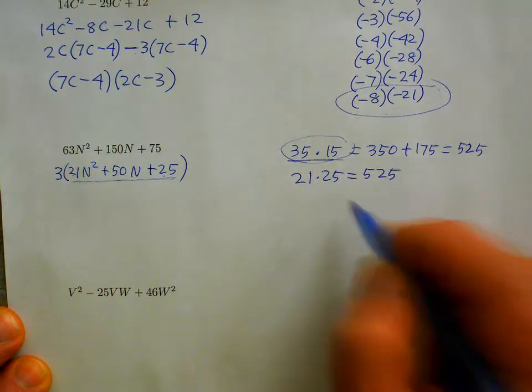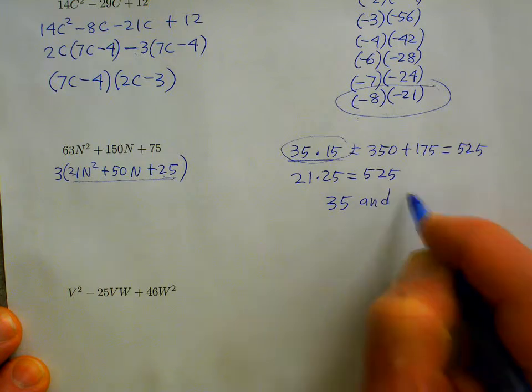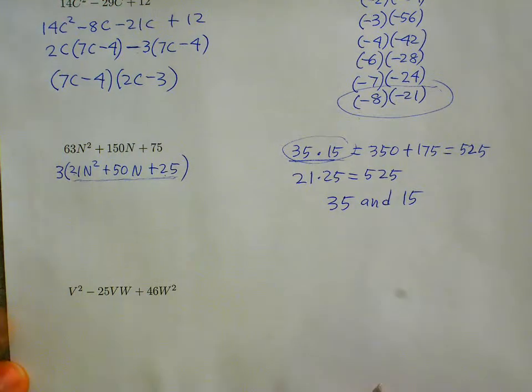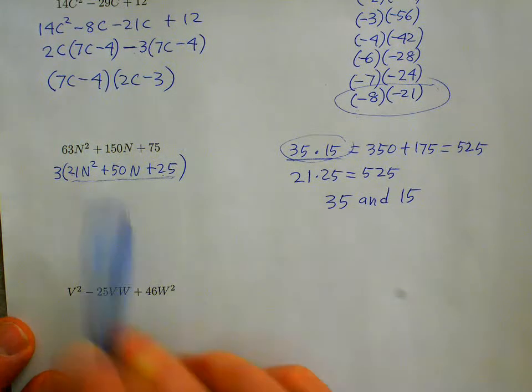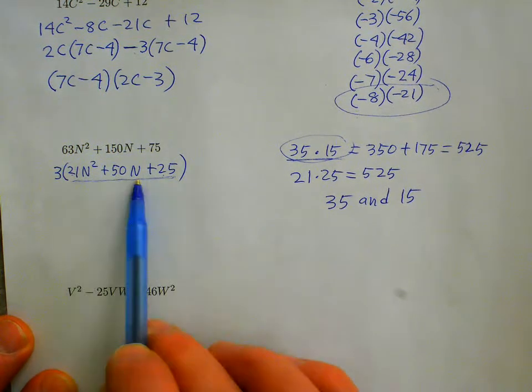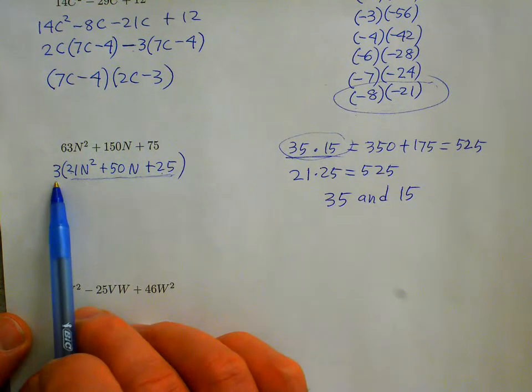So that means we can factor further with 35 and 15. So let's look at this by itself with those two numbers, and then afterwards we'll include the factor 3.